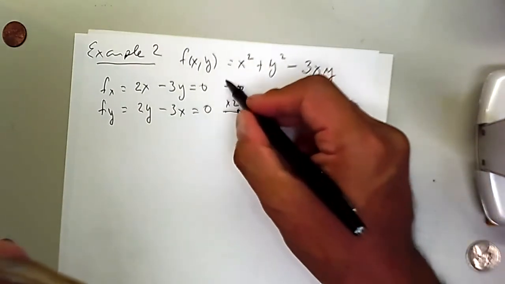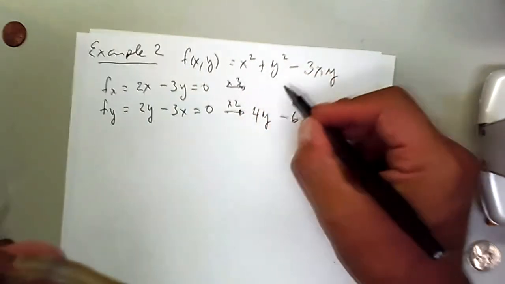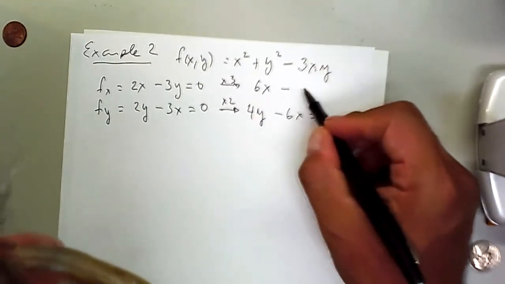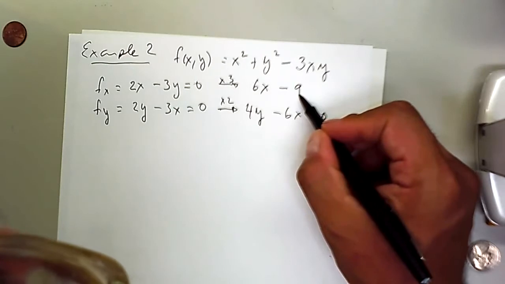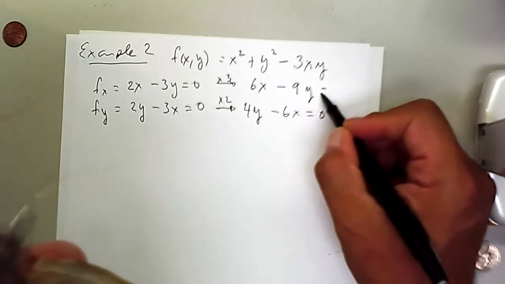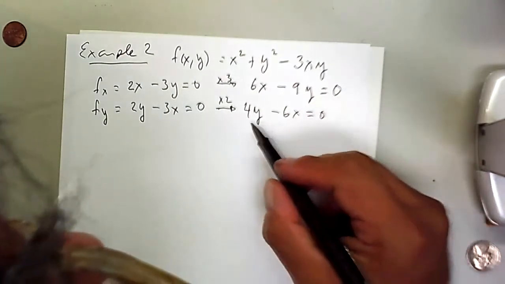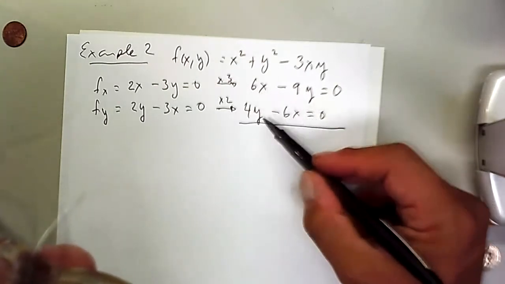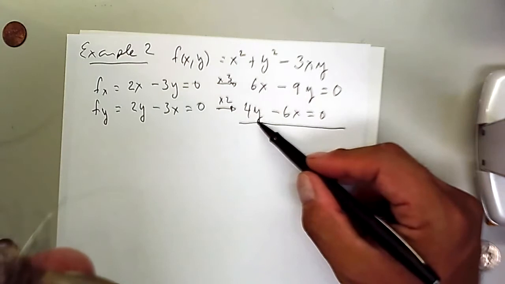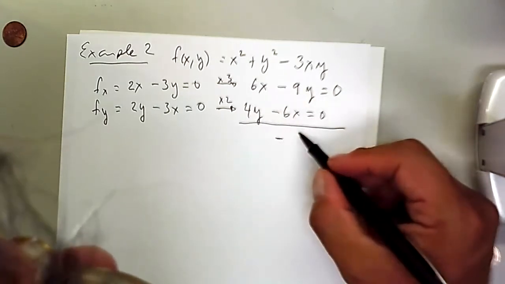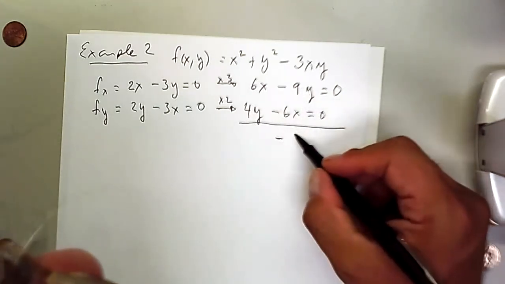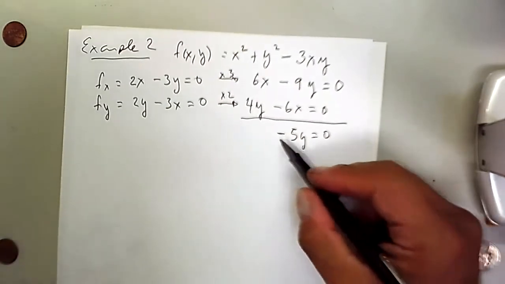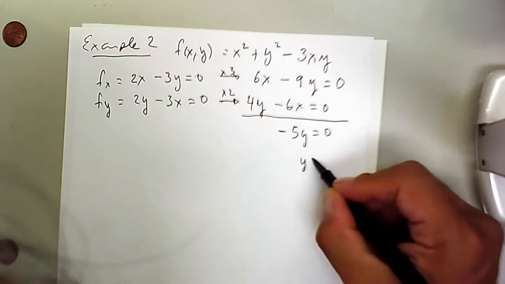And we multiply this by 3, so 6x minus 9y equals 0 times 3. We add the two equations, the 6x's cancel off, and then we have 4y minus 9y, so negative 5y is equal to 0. Divide by negative 5, and so y has to be 0.